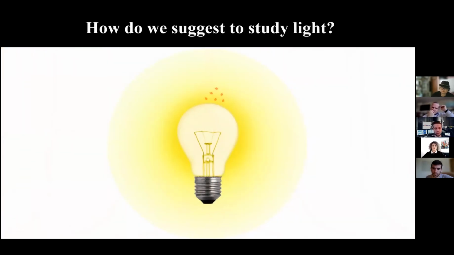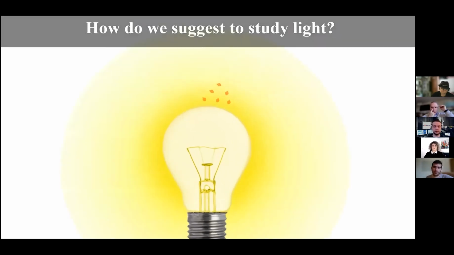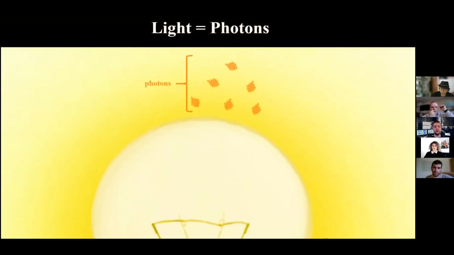But how do we suggest to study light and its wonderful properties? To answer this question, let me start with an explanation of what light is and what electrons are. If we zoom in on light, for example, emitted by a lamp, on the fundamental level we will see that it consists of photons, elementary particles that transmit the light's energy.